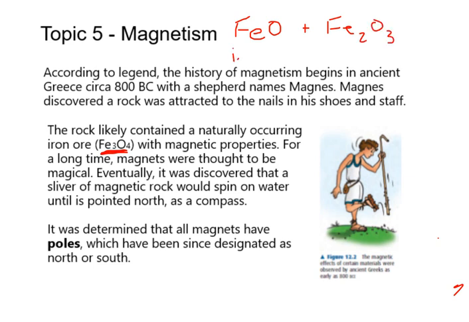This is iron(II) oxide, and this is iron(III) oxide. If you merged these together, you'd have 3 irons and 4 oxygens. And so if you mix the two most common iron ores together, you can make an iron ore that has magnetic properties.